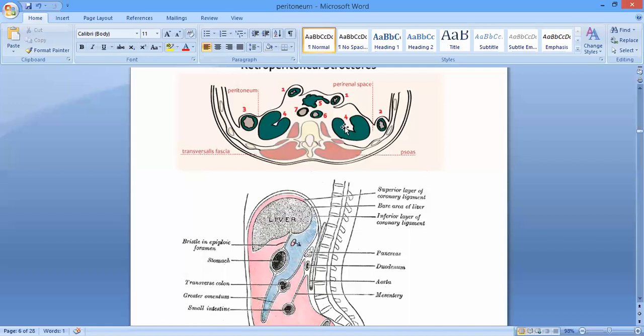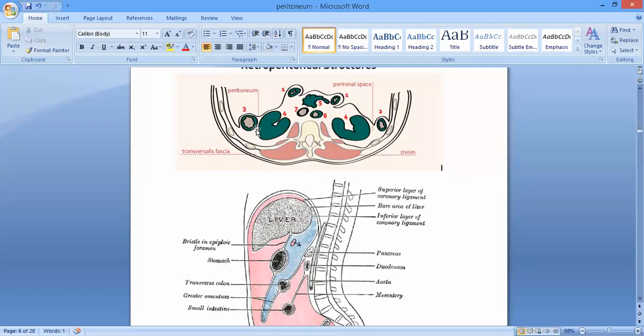Is it clear? After that, there are certain structures which are partially lined by the peritoneum, like here you can see. These are the ascending and the descending colons. They are covered from this side, the anterior surface, and this side is covered with the peritoneum, and the rest of the surface is behind the peritoneum.